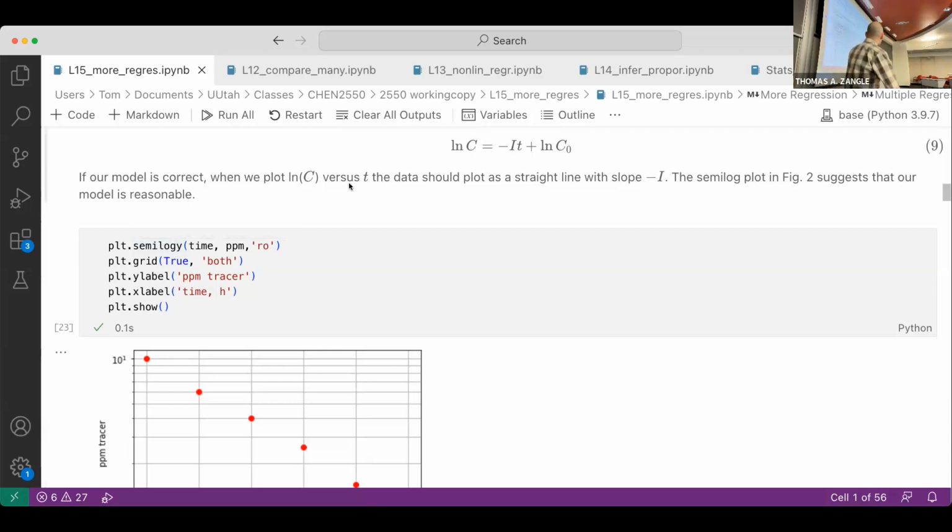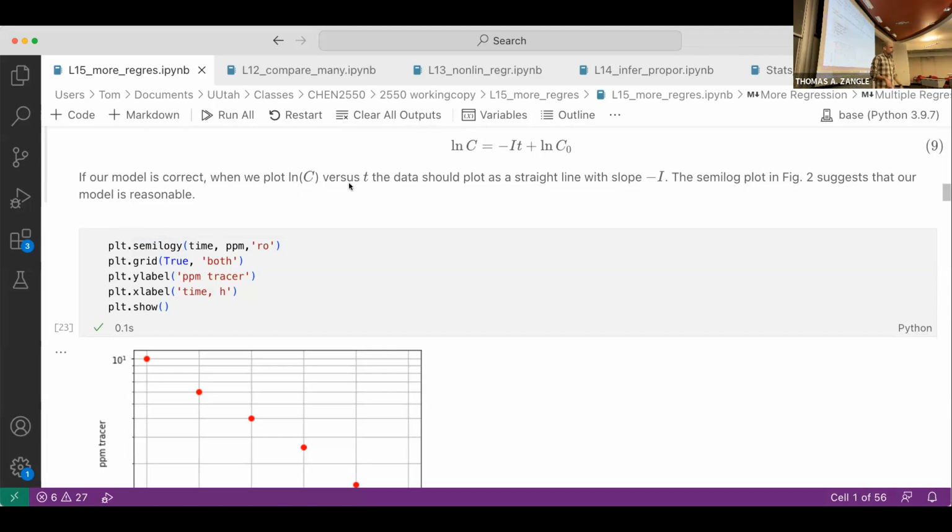We could do this two different ways. One, we could just directly take the logarithm of the concentration data and plot that. Or we can use a semilog function to plot the data, which can be a little bit quicker. We don't have to define a new variable. So we're using plot.semilogy, which tells it we're taking just the logarithm of that y variable.